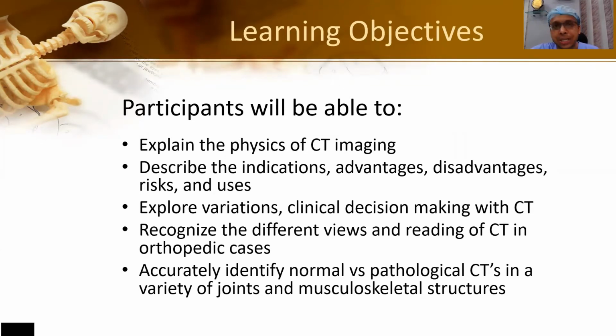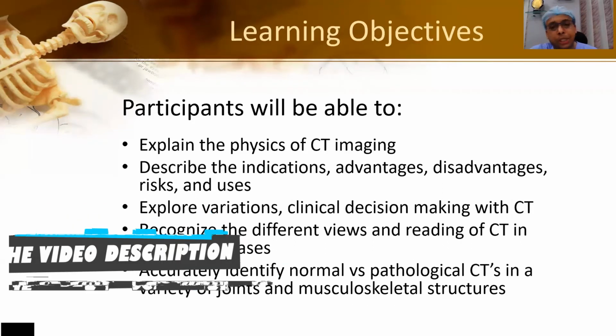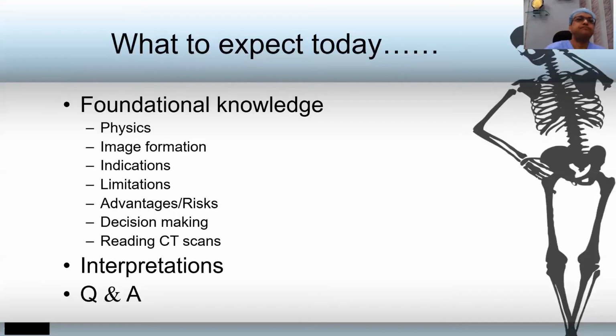At the end, as we have done in the past, I'll be showing you some normal and pathological CT scans of bigger joints and body segments, for you to better appreciate what clues you can find through CT scan data to guide your diagnosis.